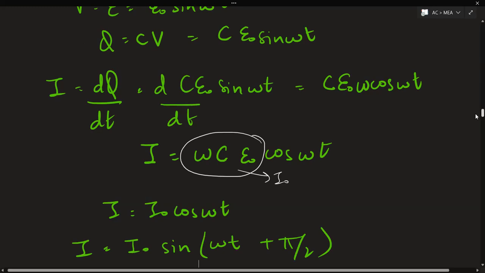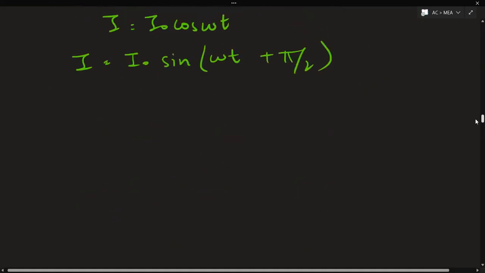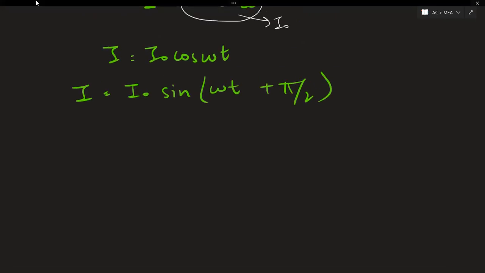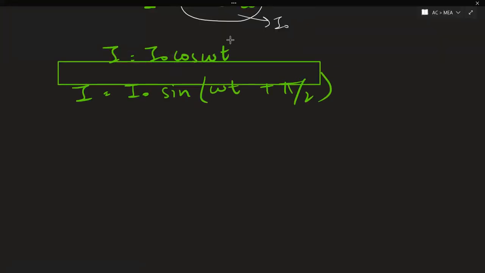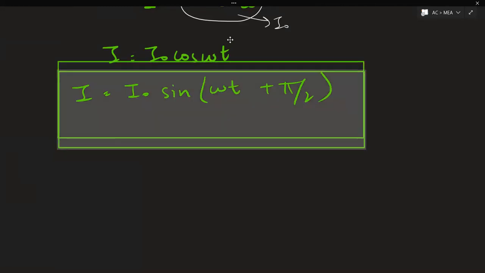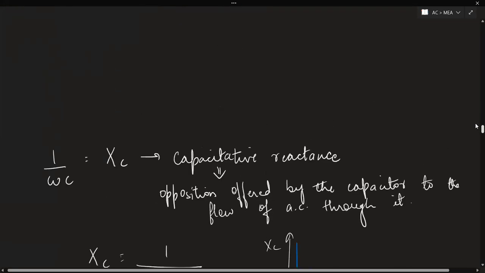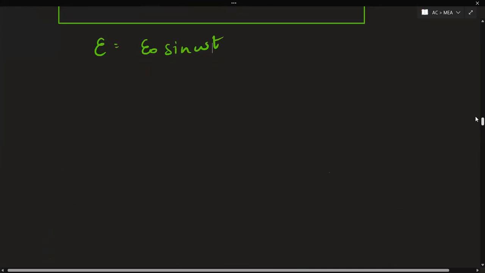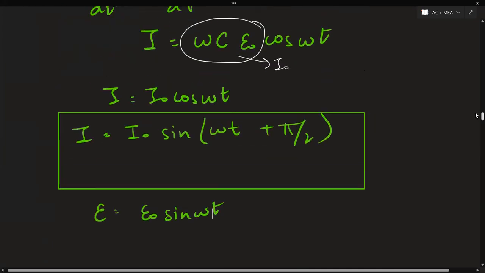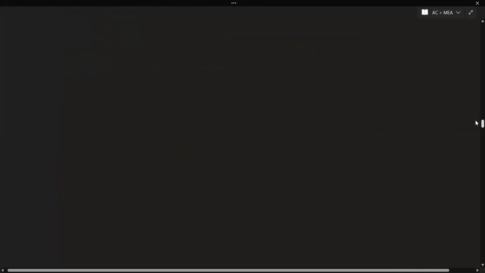So this is the equation that has been obtained. And E was E naught sine omega t. So both are not in the same phase again. Pi by 2 is there, but this is a plus sign. It means this time current is leading the voltage. The current is at the lead. This is leading the voltage E naught sine omega t. Now let's talk about this term omega C E naught.